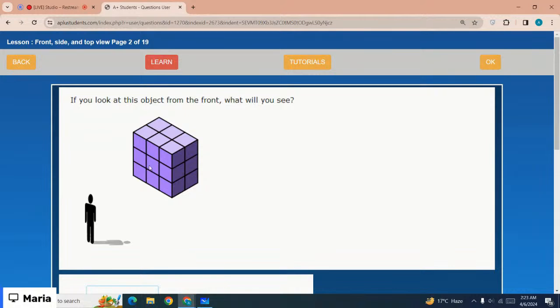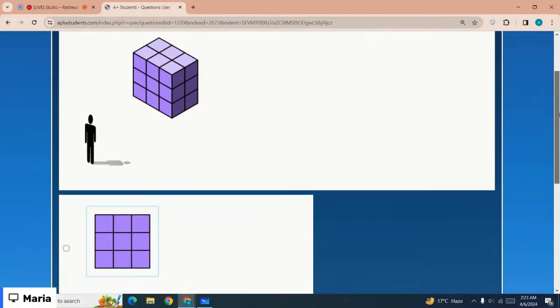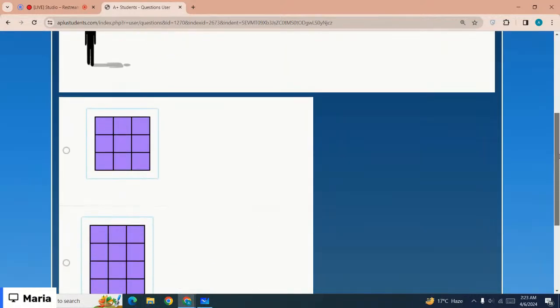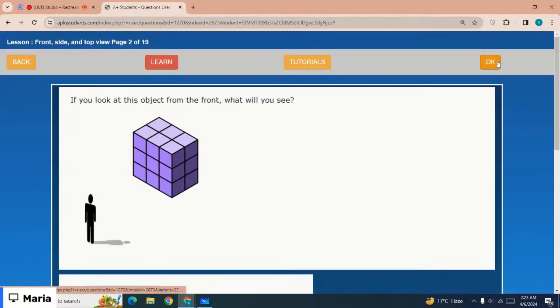So you can see this portion, right? So which is the correct option? Option number one is the correct option, right?